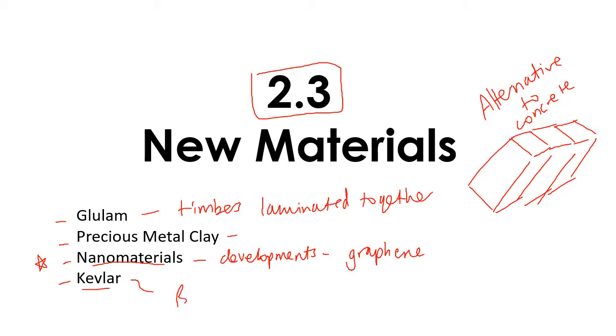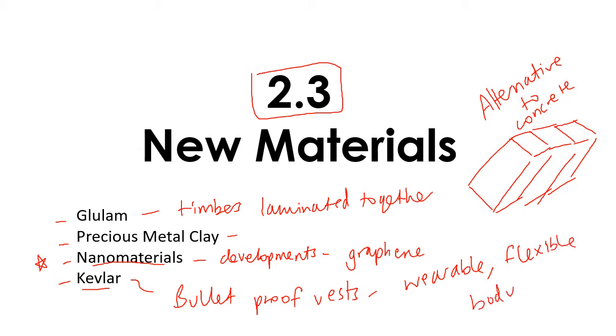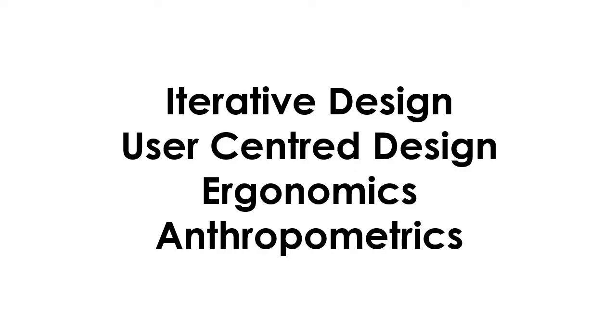Kevlar is used in bulletproof vests. The big advantage of it is that it's wearable, flexible, which makes it excellent for things like body armor, but it's ridiculously tough. So those are the materials that could potentially catch you out in that first section.